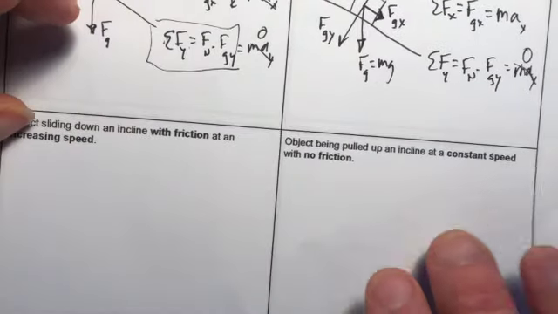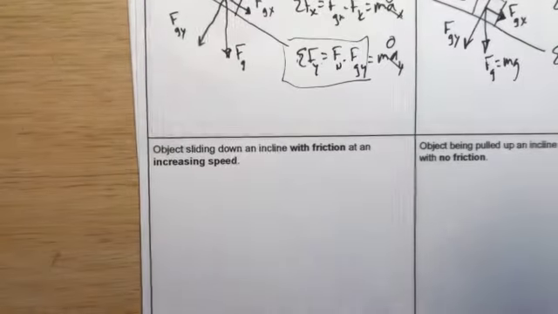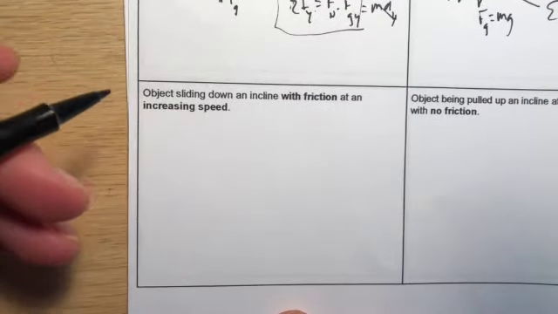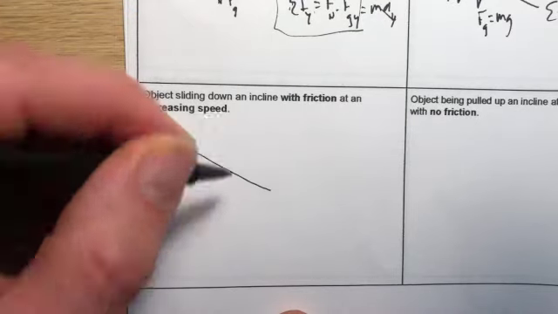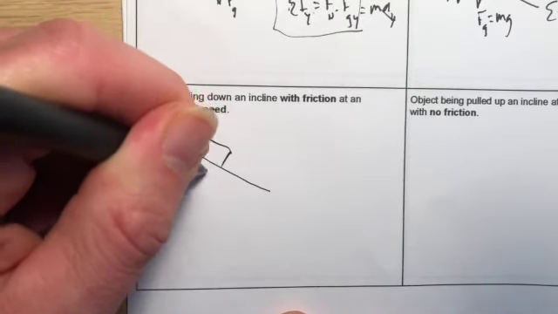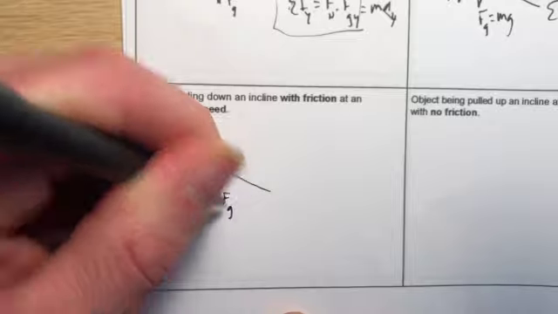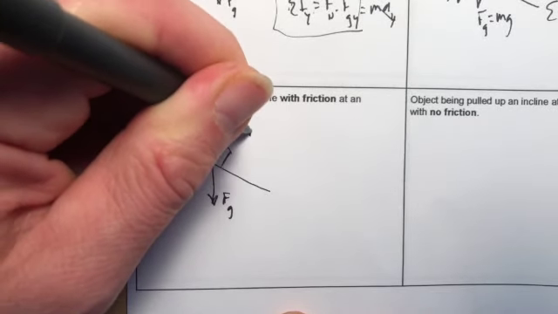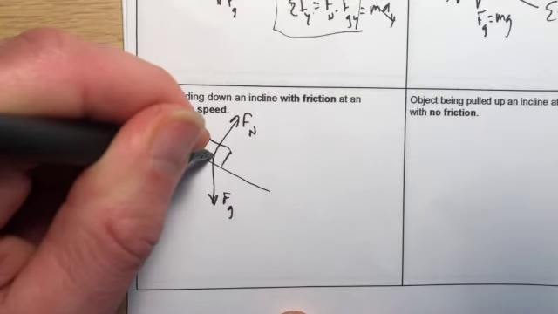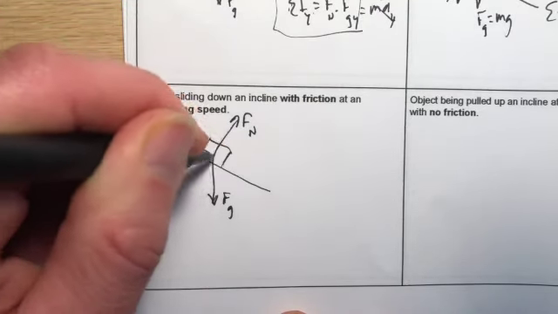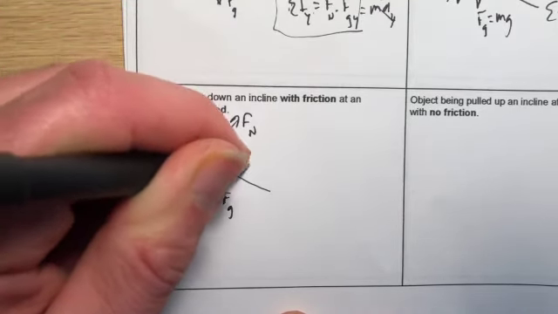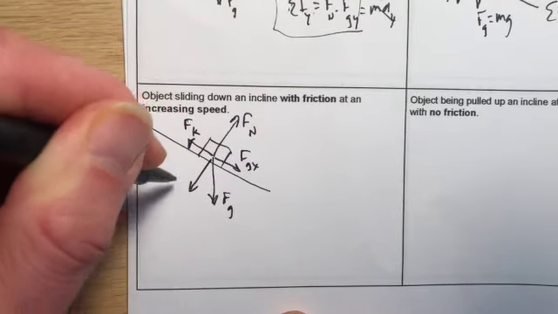All right, next one. An object sliding down an incline with friction at an increasing speed. Okay, so got a few things going on here, but like I said, we always have weight, we always have normal force. Now, there will be a kinetic friction force pulling back because it's moving. There will be the x component of weight and the y component of weight.